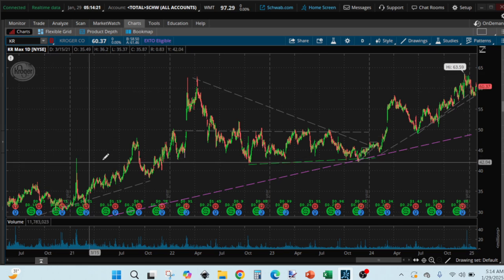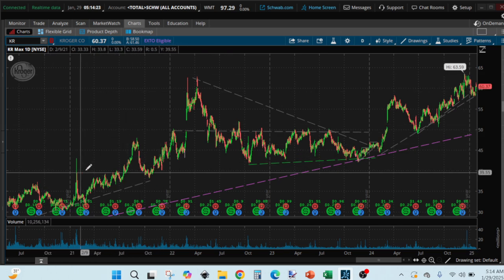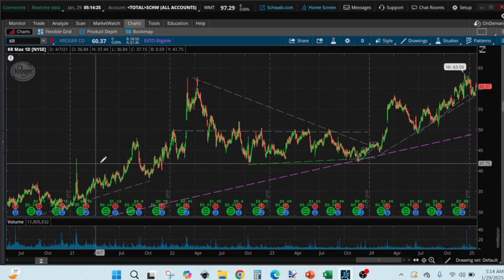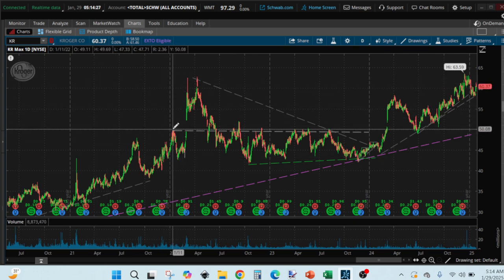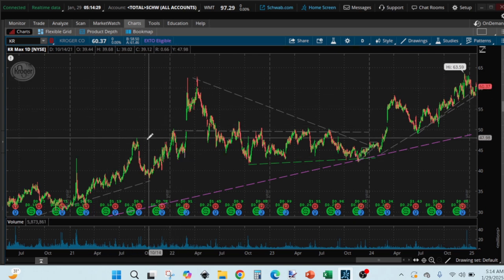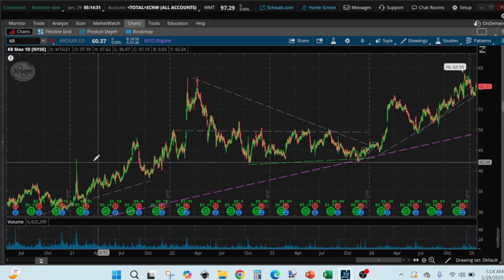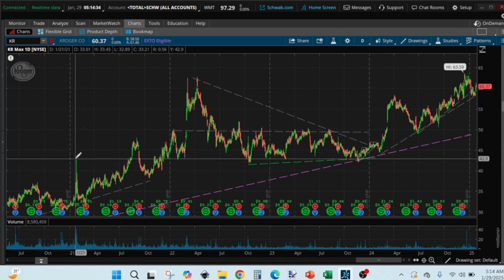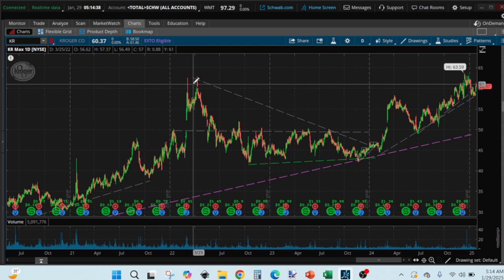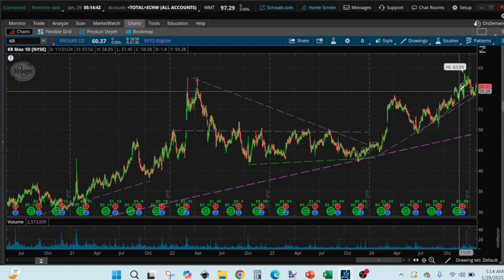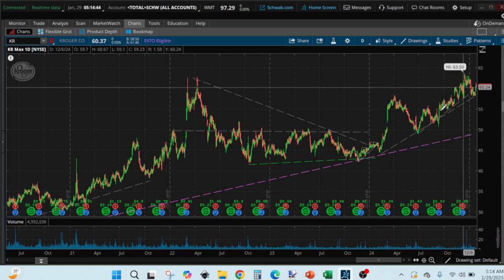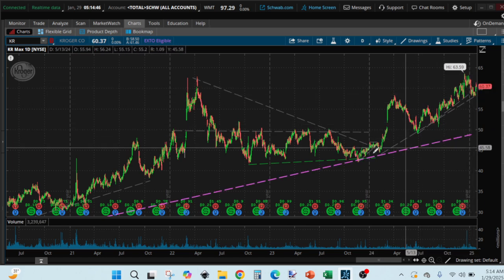So if we are looking at the tendency here, it could create a few more mountains, a few more peaks before it will pull back down.